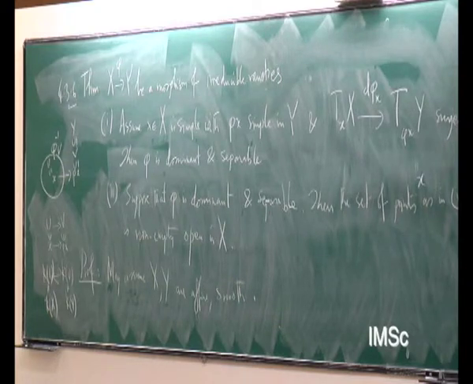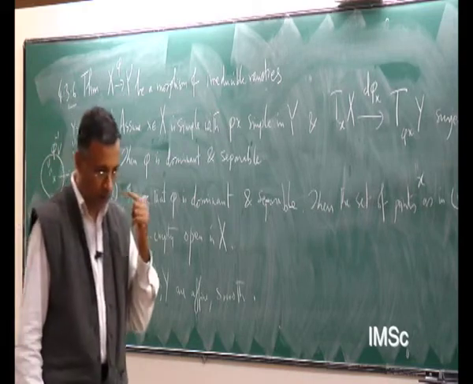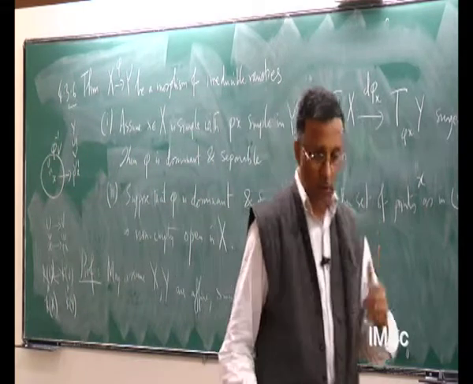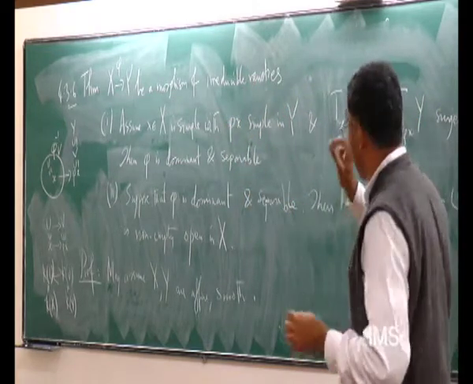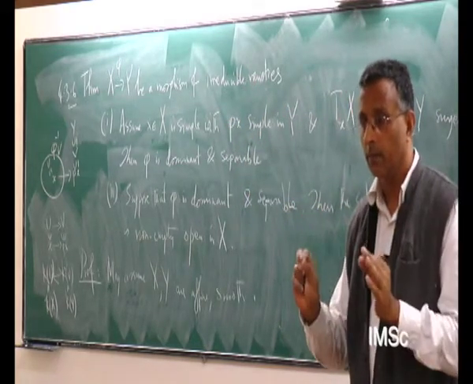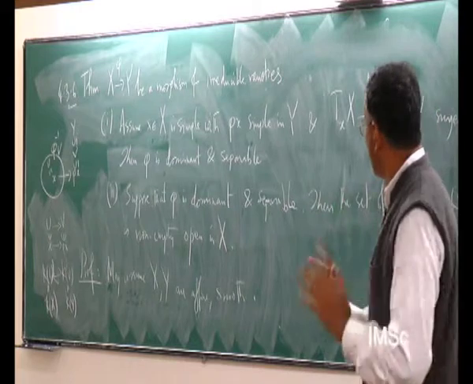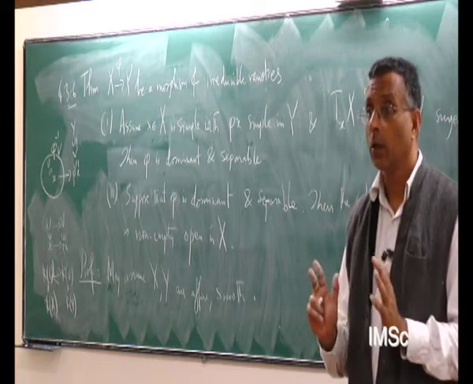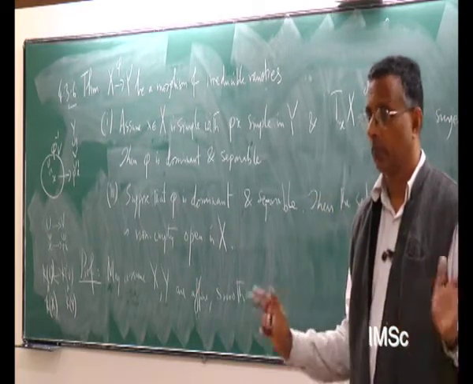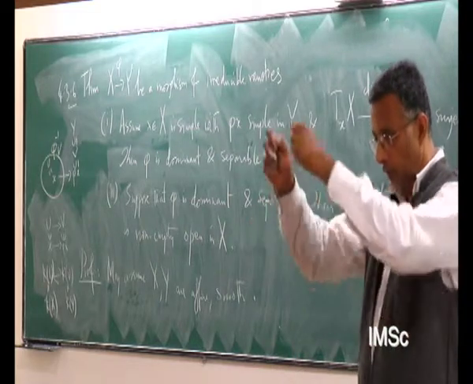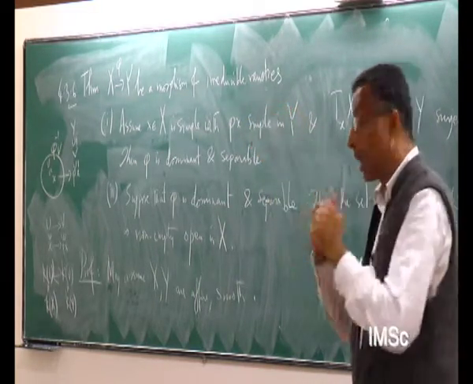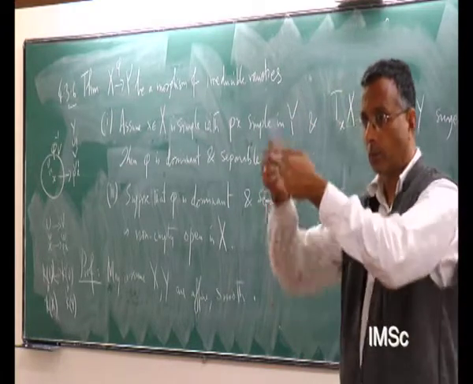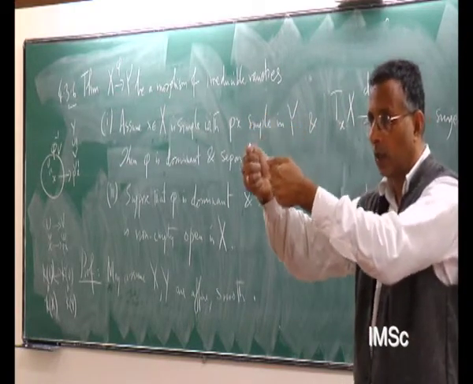No, that's okay. Now I first restrict. Here, first I start with y. I'm trying to prove 2, right? I'm assuming that I know 2 for the affine smooth case. Okay, so what I do is the following. I'm trying to prove the non-empty thing. So what I do is I look at the smooth locus.